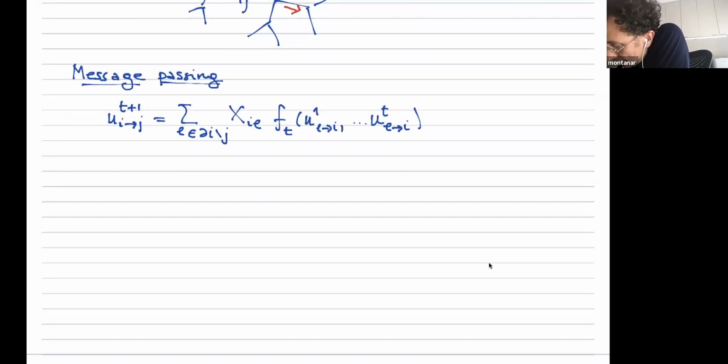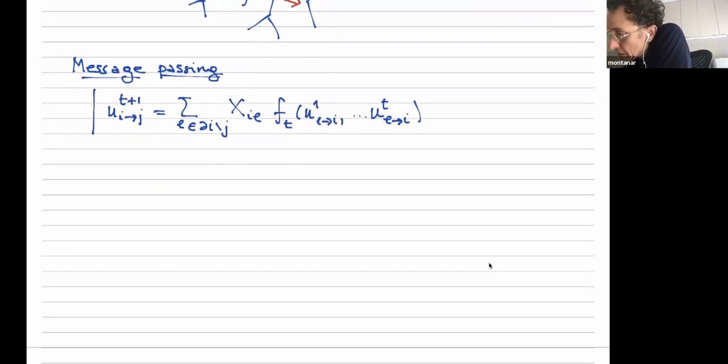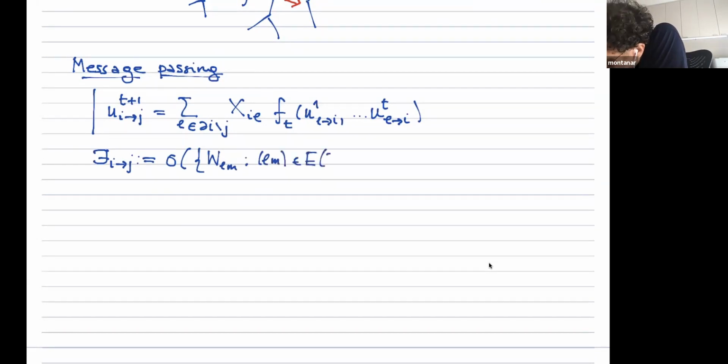Okay, so I define this class of updates. Now, the nice fact about it is that this is a relatively simple class of algorithms to analyze, and to explain why, let me define a sigma algebra, F_ij. This is the sigma algebra generated by all the randomness in the tree T_ij, and I'll describe in a minute what this tree is.